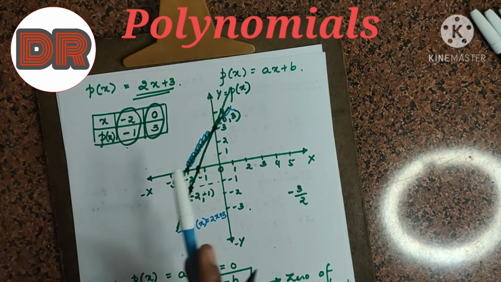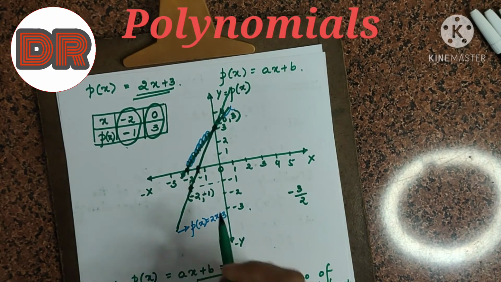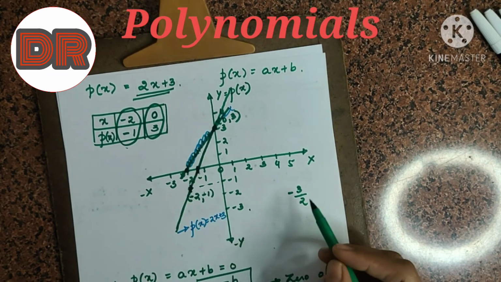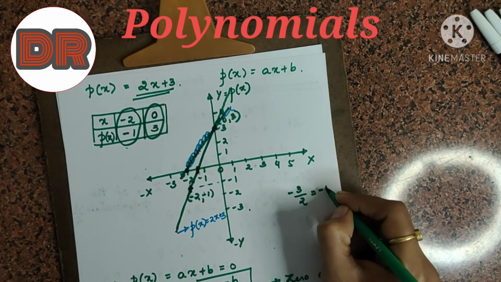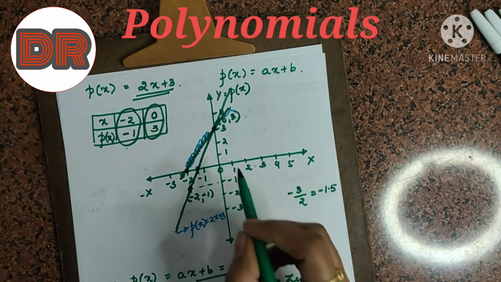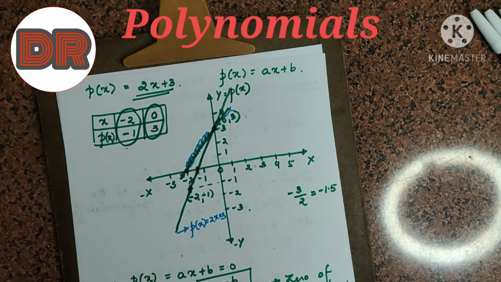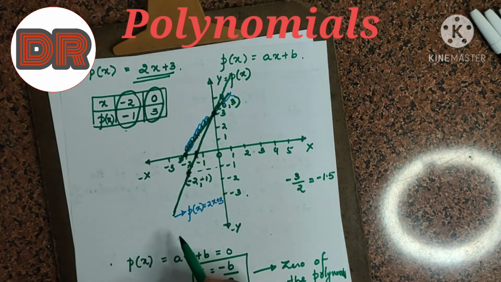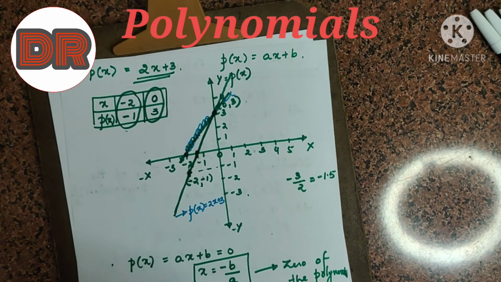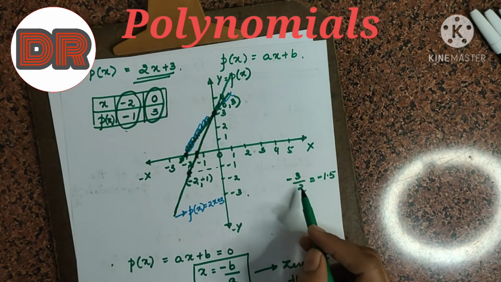It is on the negative x-axis. So the straight line which we have drawn for the polynomial 2x plus 3, which is a linear polynomial, intersects the x-axis at only one particular point, which is nothing but -3/2.